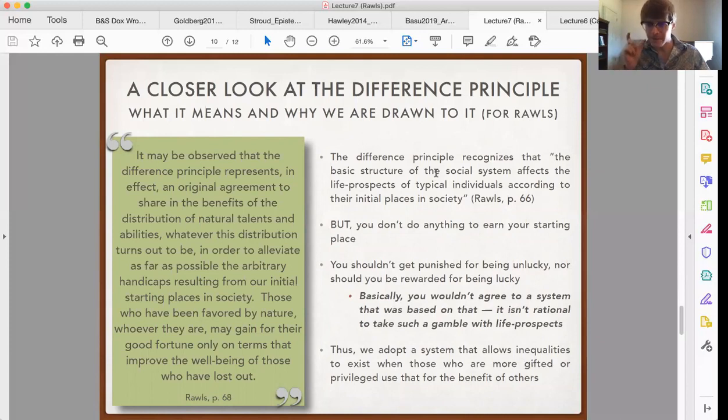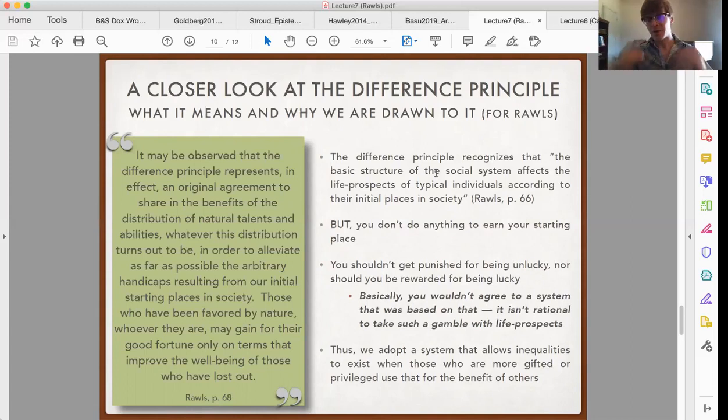Okay, so we've been talking about the difference principle, but the idea here is that we want the people that are the lowest in society to be as well off as possible. So, given two different states of affairs, we're going to want to distribute resources a little bit more, right? And another thing is that any inequalities for Rawls are justified only if the people that are a little bit lower are benefited in some way by the inequality.